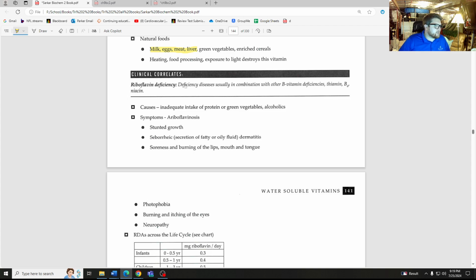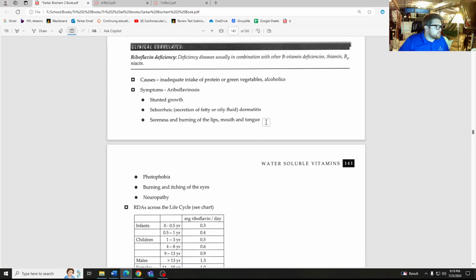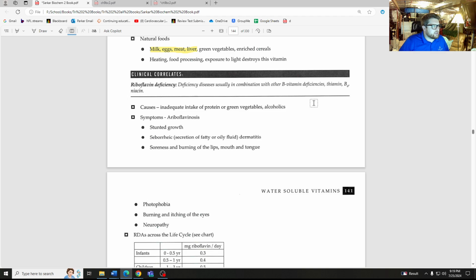Riboflavin deficiency. Deficiency diseases usually occur in combination with other B vitamin deficiencies, such as thiamine, B6, or niacin. One that I don't believe he mentions in the book, and I'm not sure if he mentions it in the reading or the lecture, is cheilosis, a cracking in the corners of the mouth.